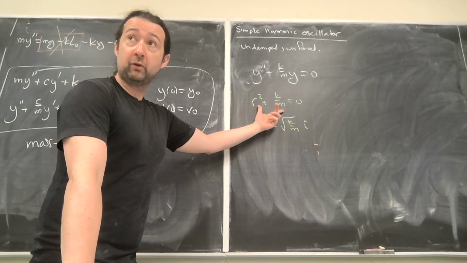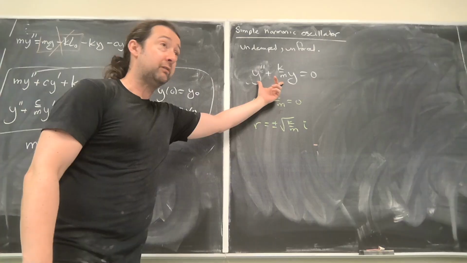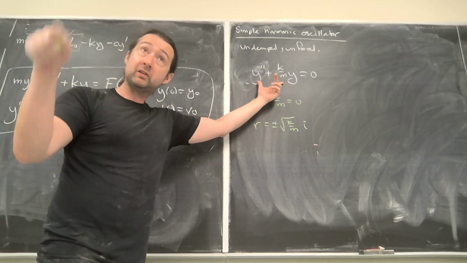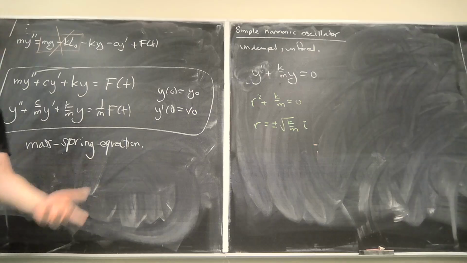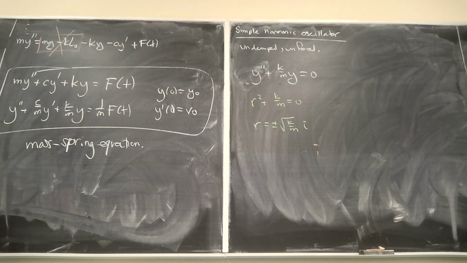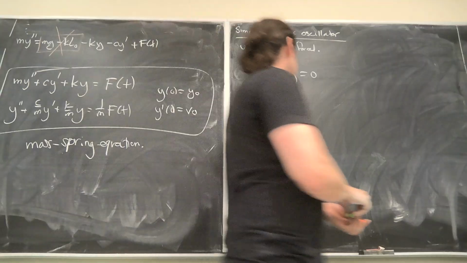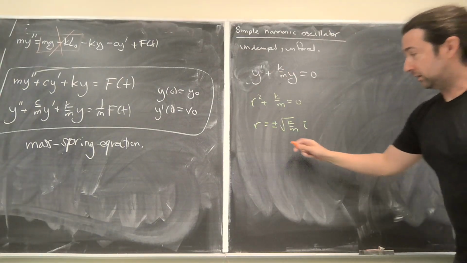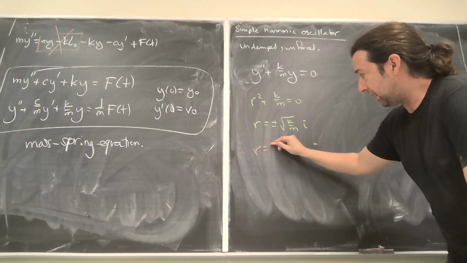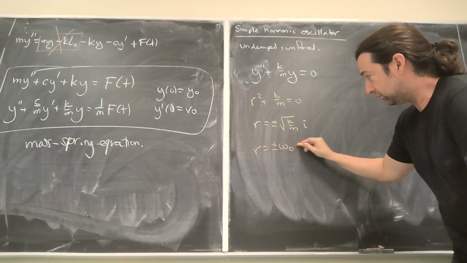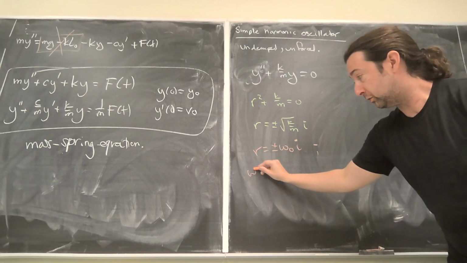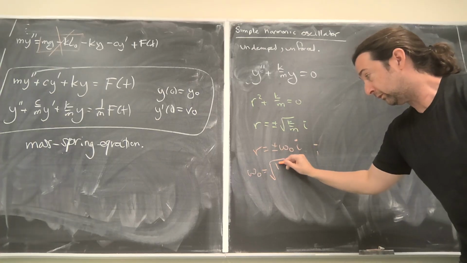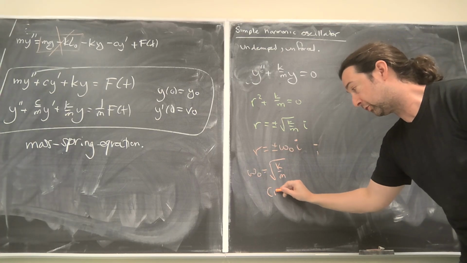If k and m are both positive constants, this must have complex roots, which means the answer must be sines and cosines, which is exactly what we see in a simple harmonic oscillator, right? I mean, the mass goes like this. So oftentimes this quantity right here, in different classes, is called omega naught. So omega naught, which is equal to the square root of k over m, is sometimes called the circular frequency.